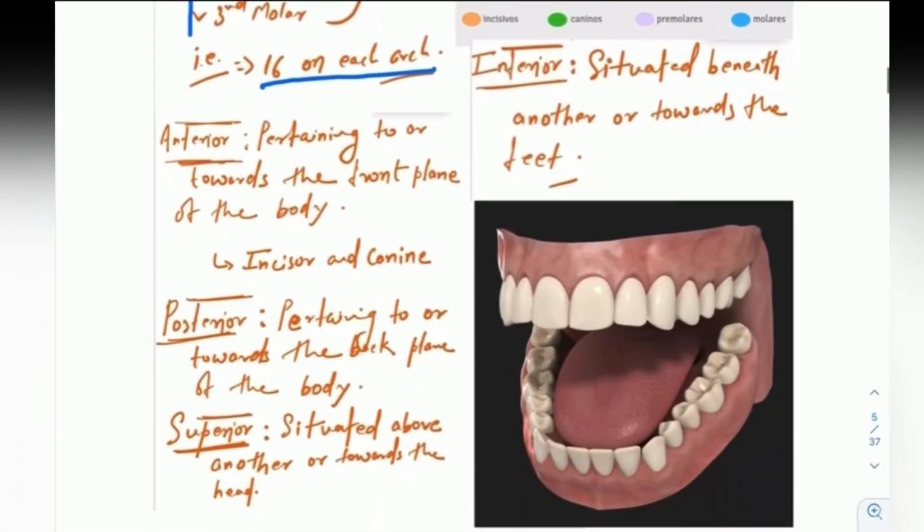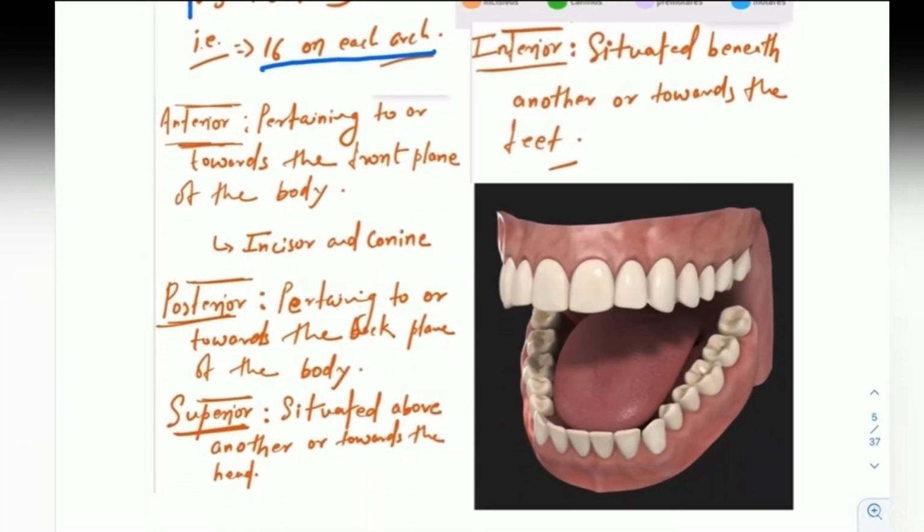Then see, next terminology is anterior. Anterior is pertaining to or towards the front plane of the body. Simply, anterior means towards the front, right? Then in case of teeth, what are the front teeth?